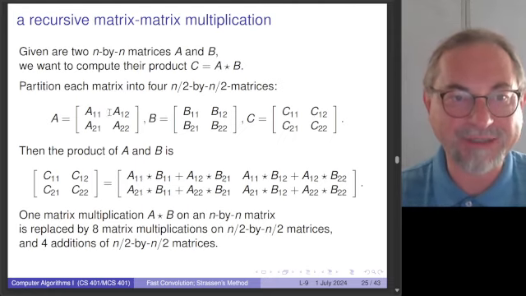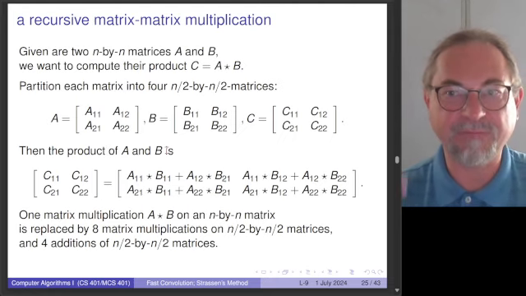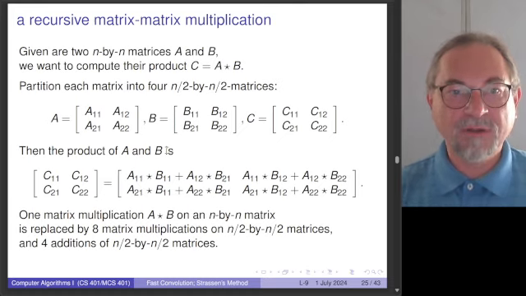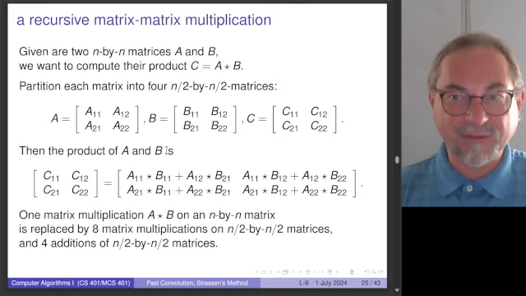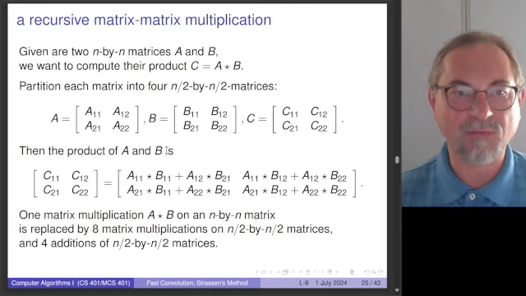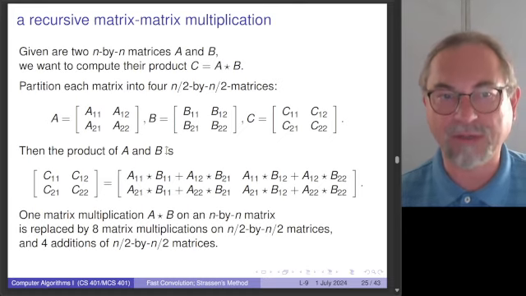Well, we partition each matrix in 4 blocks or 4 tiles of size n over 2. So we have now, instead of one big matrix of size n on input, the matrix A, we have 4 submatrices, A11, A12, A21, A22.